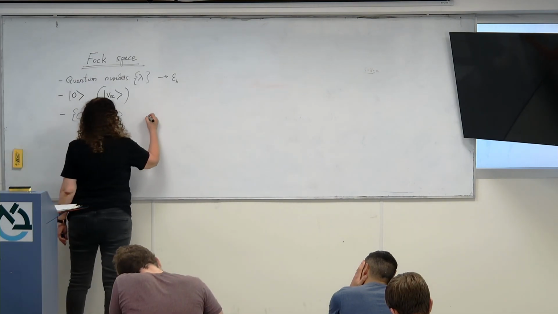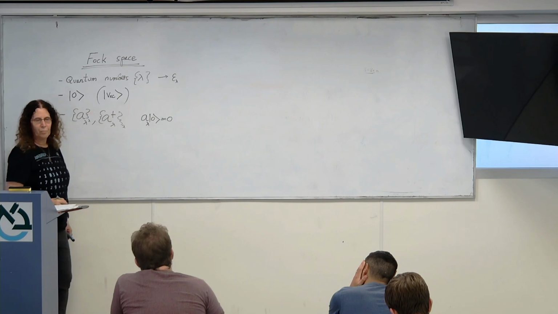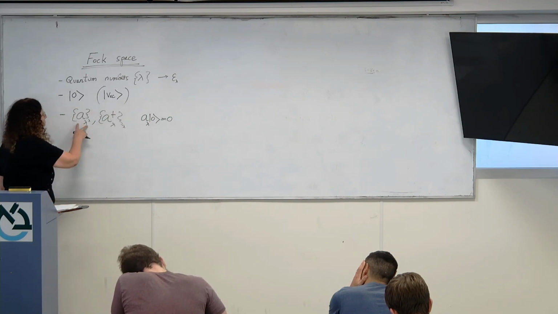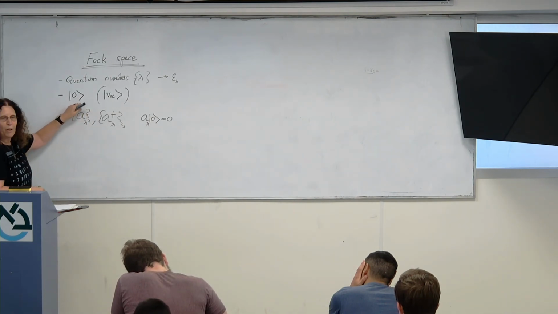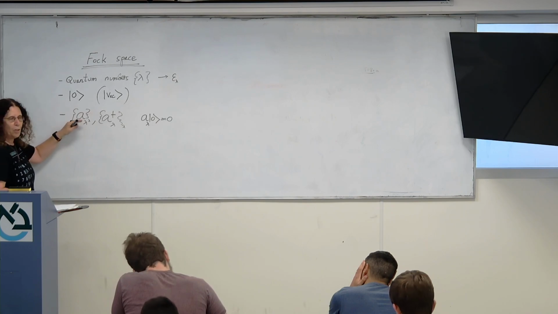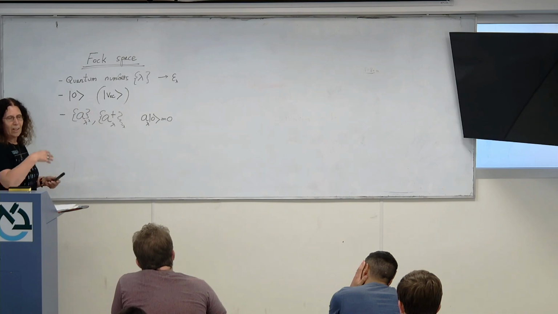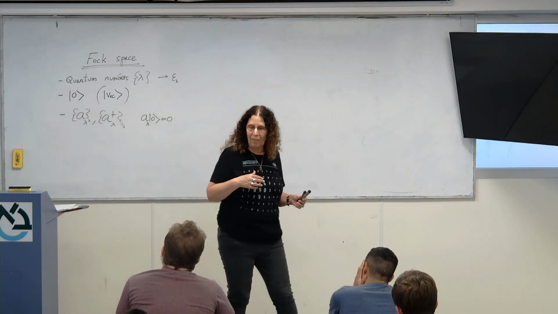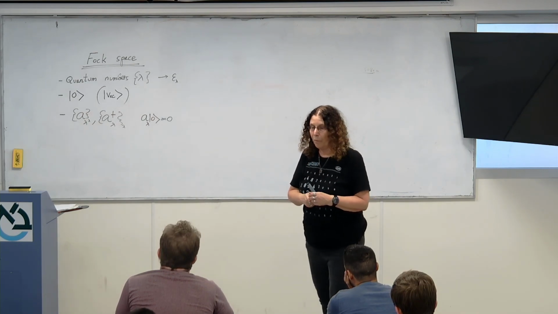In other words, for every lambda, this is going to be 0. Okay? So there is an intimate relation between a choice of vacuum and the definition of creation and annihilation. Okay? If we choose a different definition of our vacuum, then what we call annihilation may turn into a creation. Okay? We'll see it in the future.